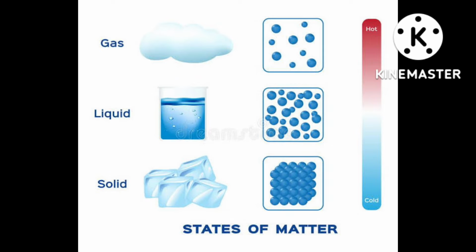Here we should know that in the whole periodic table there are only 11 elements which exist in the form of gas. Only 11 elements. A question will be asked: what are those gases? Only 11.